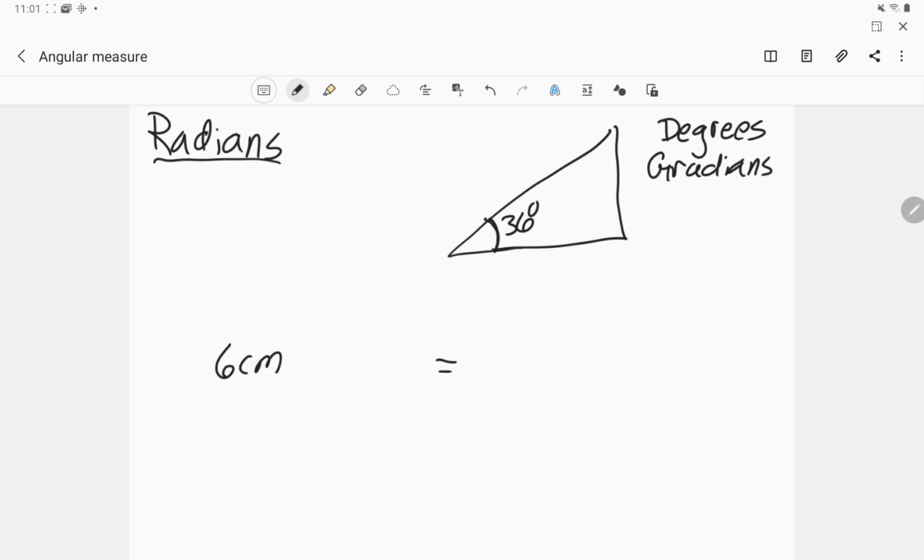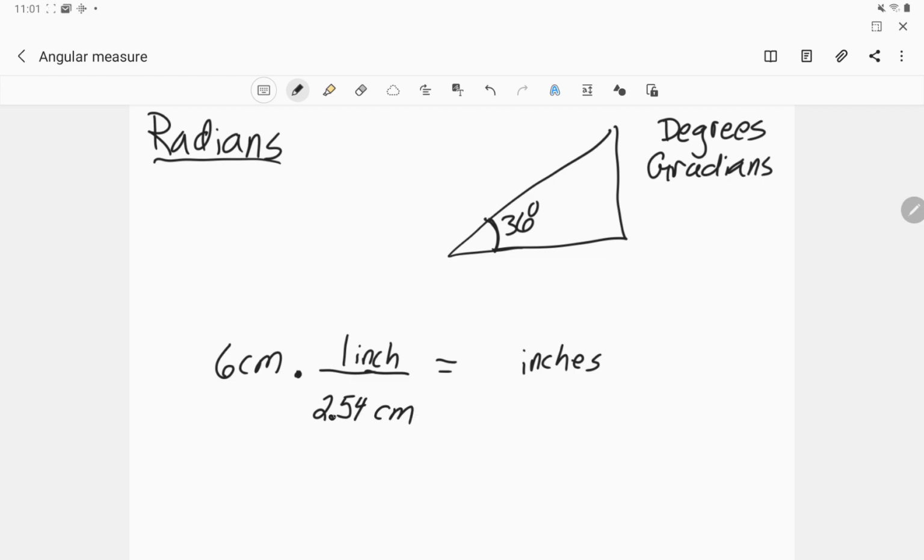So just like if I said you have something that is 6 centimeters long, and I want to know how many inches that is, if I wanted you to convert from one form to another, you would have to know the conversion factor. And the conversion factor from centimeters to inches is there's 2.54 centimeters in 1 inch. So to convert, I would put 1 inch on top and I would put 2.54 centimeters on the bottom.